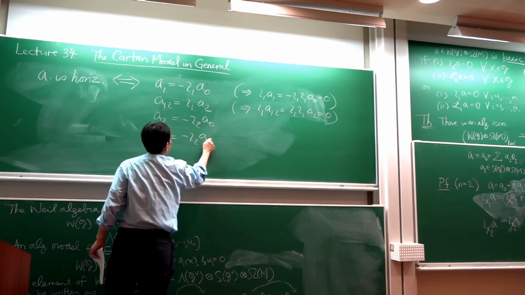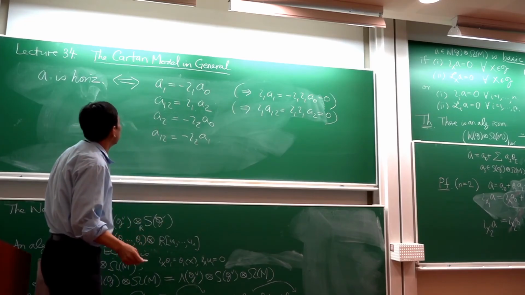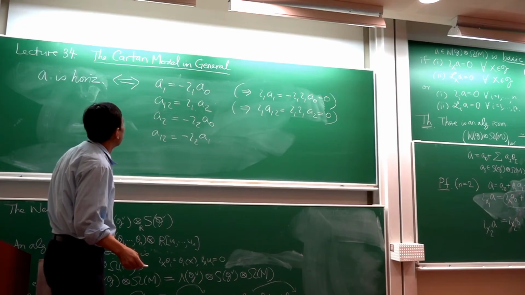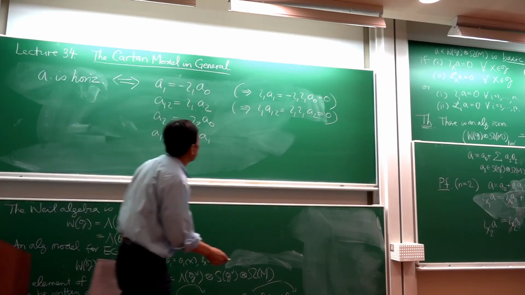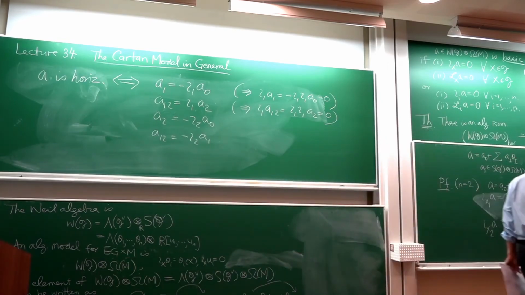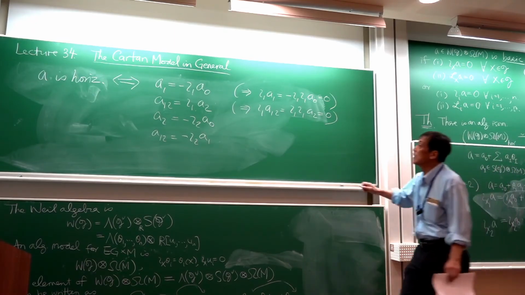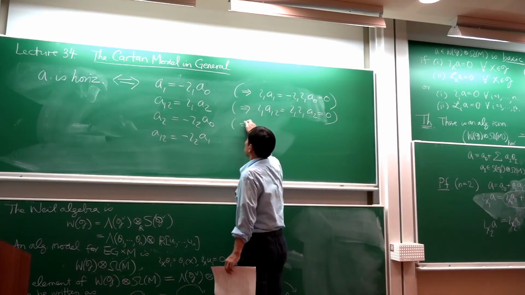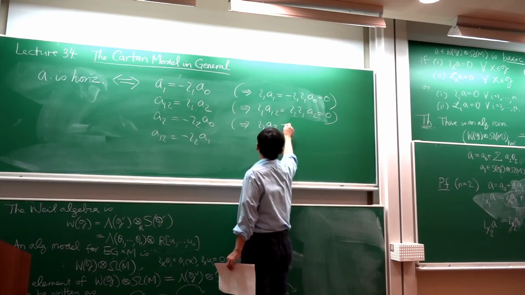Minus I2 A1. Now, let's see. That takes care of this and this. And then this has to be 0. I2 A2 is 0. But that implies that I2 A2.